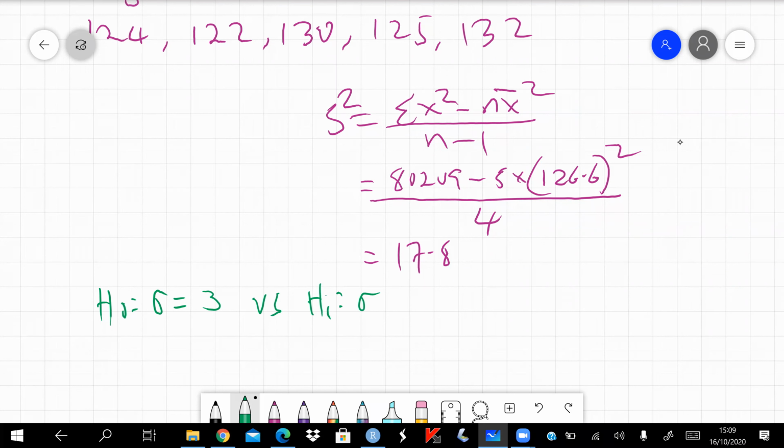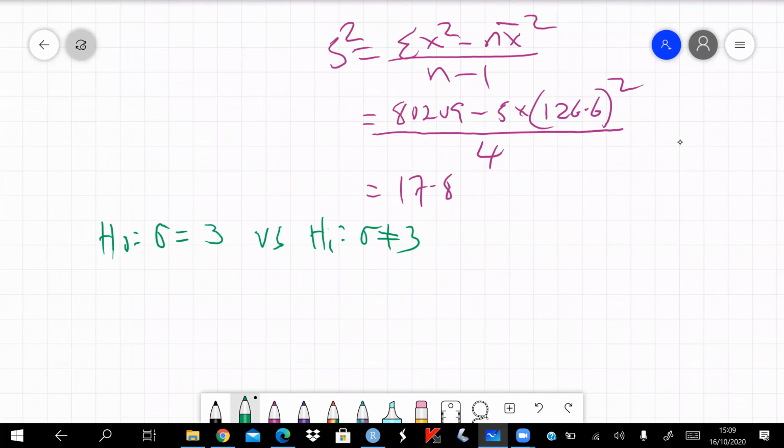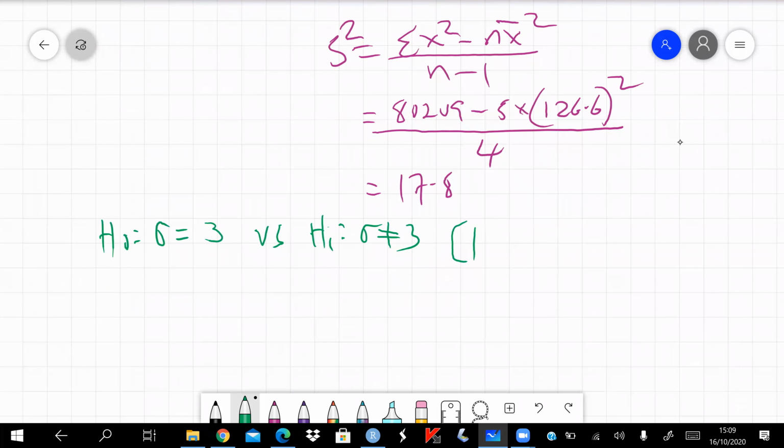Carry out a test to assess whether the standard deviation of the heights of 10-year-old children is 3 centimeters. So it's either 3 centimeters or it's not 3 centimeters. So this calls for a two-tailed test, based on the chi-square distribution.